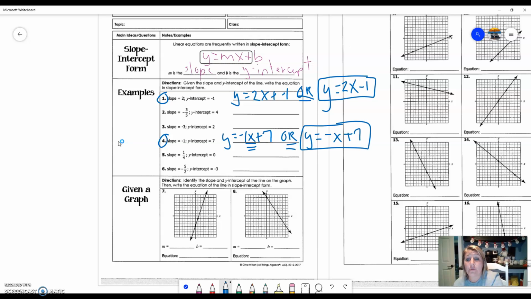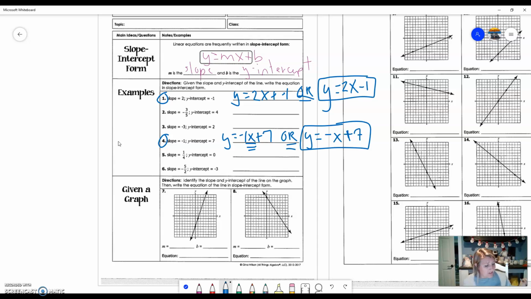So that's how you're going to see that all the time. This tells us that we have a y-intercept of 7 and a slope of -1, which if you're graphing, you would go down 1, right 1, which we'll get into graphing on Thursday. So I hope that helps with that little chunk.